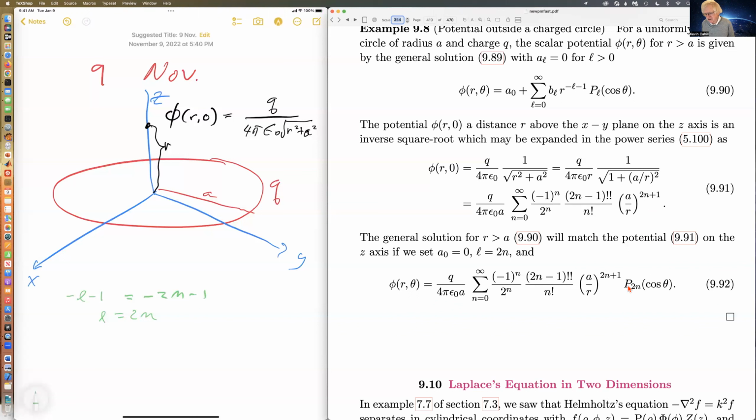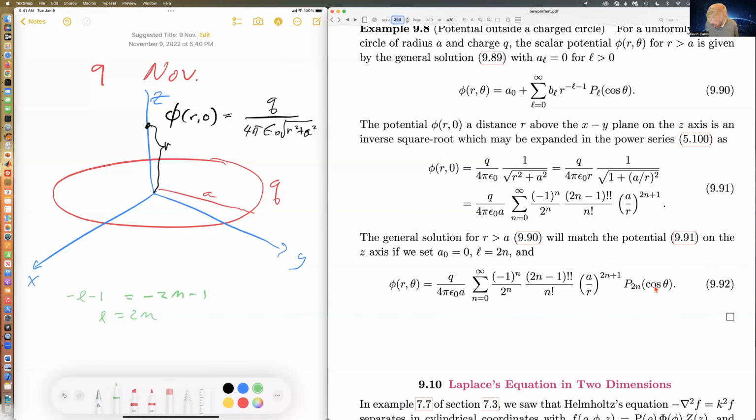The fact that it's even powers here is, I think, that you expect the potential above the xy plane and below the xy plane to be the same. So when theta is greater than pi over 2, in other words, the cosine looks like this.